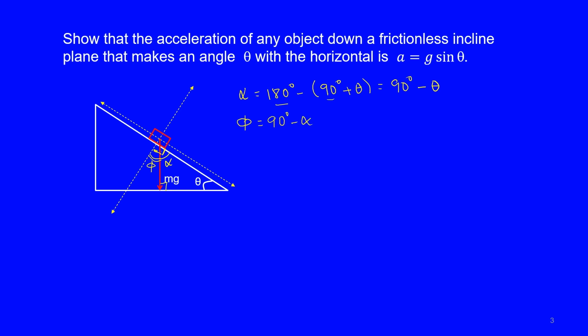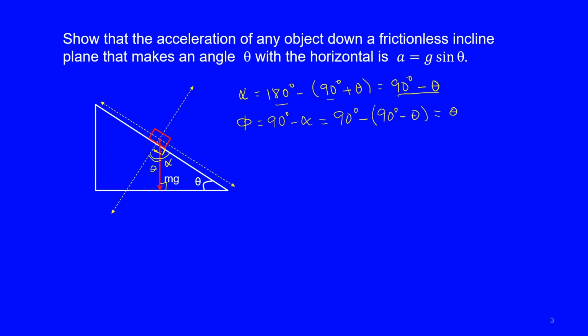But we know what alpha is. Therefore this is going to be 90 degrees minus (90 degrees minus theta). Alright, so 90 degrees minus 90 degrees is 0, negative times negative is positive, therefore this is going to be theta. So phi is equal to theta. We can just rewrite it, and this will be theta.